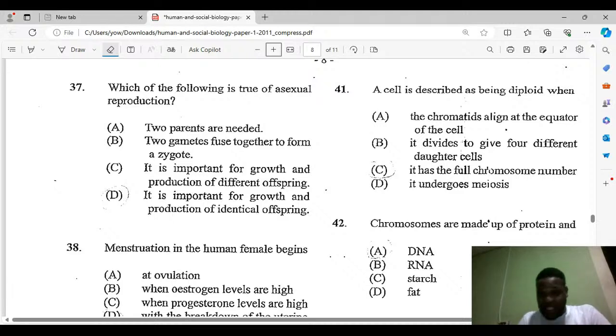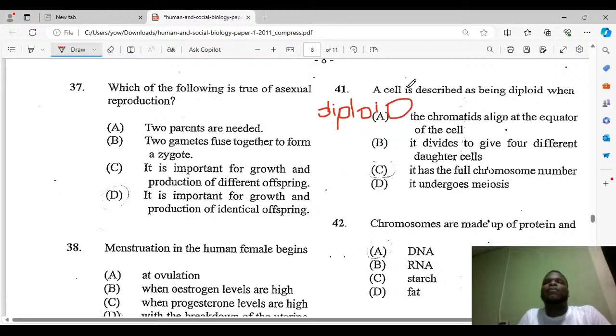Because when you're saying diploid, you're saying that the person has the full chromosome number. Diploid would be 46.